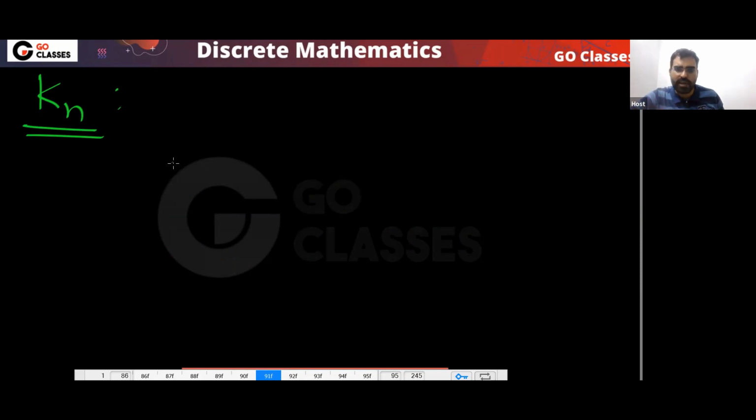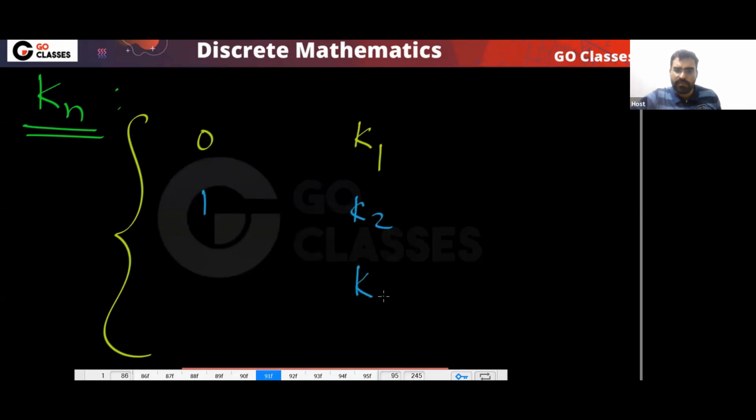It will be 0 for K1, 1 for K2, and for K3 it is 2. So finally, I can say for Kn, it will be n minus 1, where n is greater than or equal to 2.